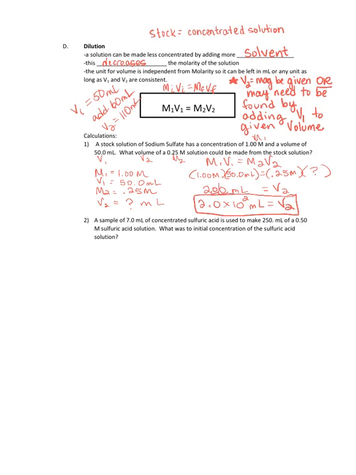All right, our second problem. A sample of concentrated sulfuric acid, here's our V1, is used to make 250, here's V2, of 0.50 molar, that's our M2. What was the initial concentration? So that was M1. All right, so we have M1, V1, M2, V2.